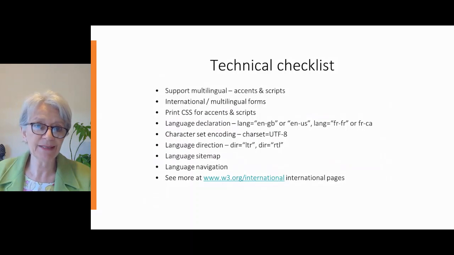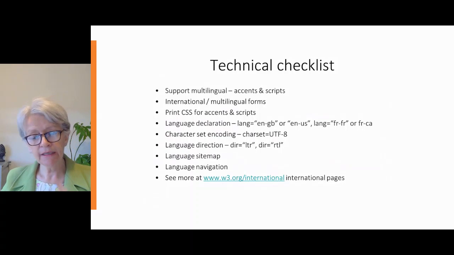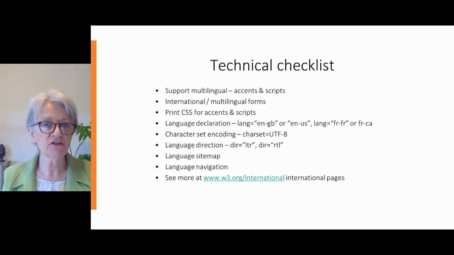So if your website is on WordPress for the UK, you will need to change that. Lang equals fr-fr for French in France, or lang equals fr-ca for French in Canada. So you begin to be able to differentiate between different countries and languages here.